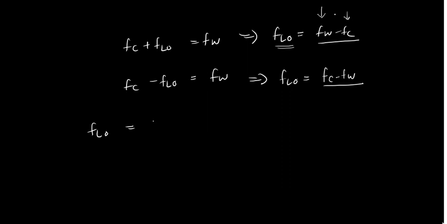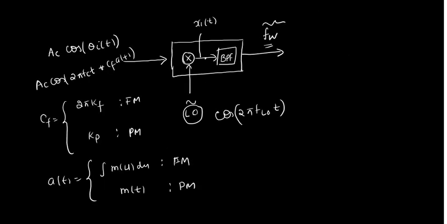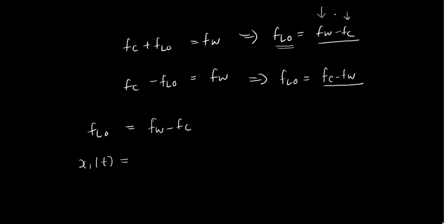Otherwise, we will choose FLO as Fc minus Fw. So when we choose FLO as Fw minus Fc, what would be the output of the multiplier circuit? This X1(t).